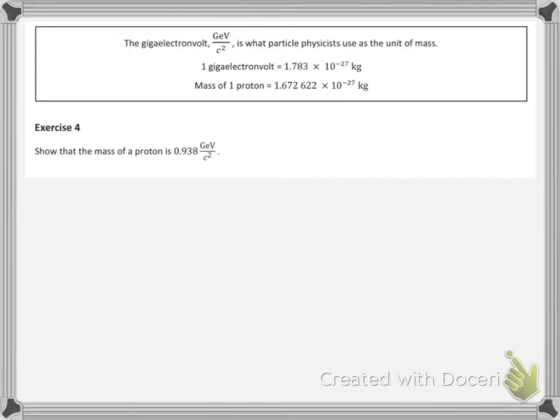Okay, so we're going to use a giga electron volt here, and a giga electron volt is given by this unit, and it's actually equal to 1.783 times 10 to the negative 27th kilograms. And particle scientists have decided that instead of constantly referring to these really minuscule numbers, to assign a unit to that size.